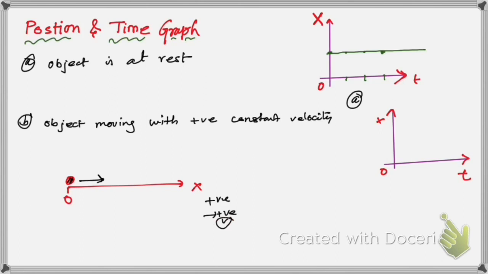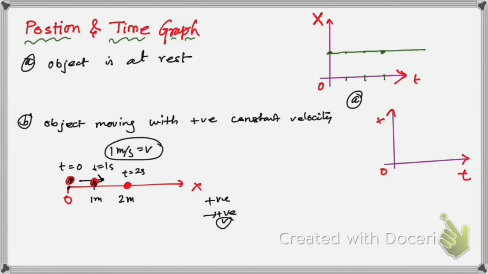So if it is moving with constant velocity, right, here you see, suppose at 0 second it is at the origin. After 1 second, it is suppose 1 meter away from the origin, right? At t is equal to 2 second, suppose it is 2 meter away from the origin. So in each second its displacement is 1 meter, so the velocity is 1 meter per second in this case, right?